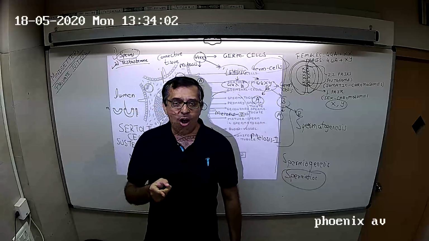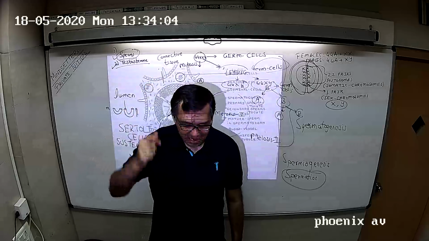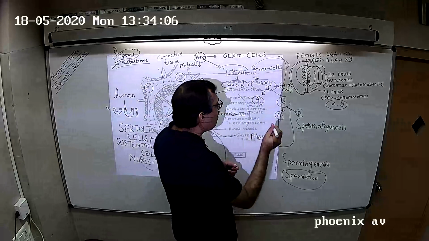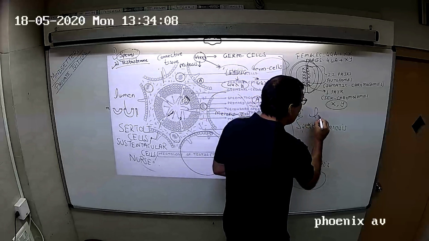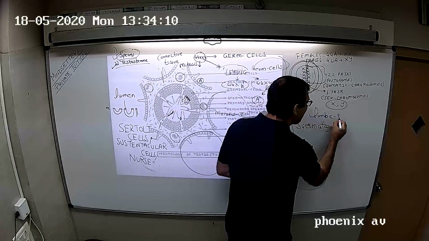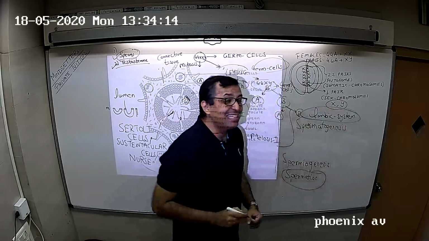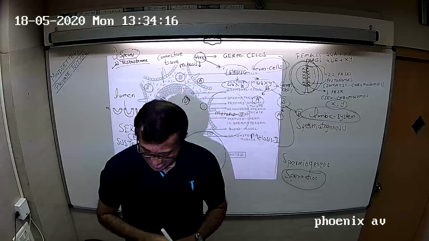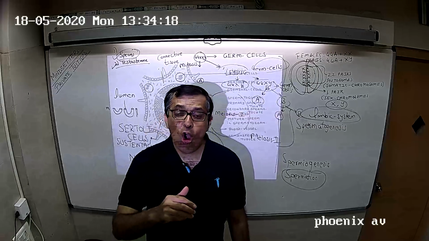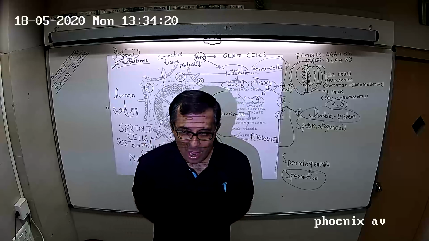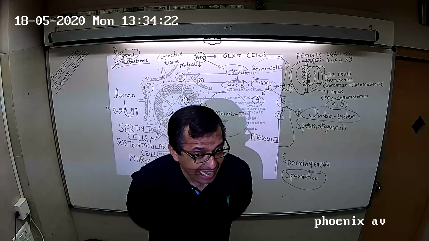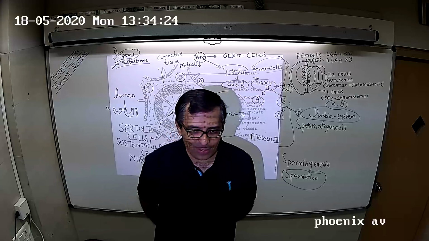And testosterone acts on your brain, on a part of your brain called the limbic system, and develops a psychological attraction for the opposite sex. You start liking people of the opposite sex.